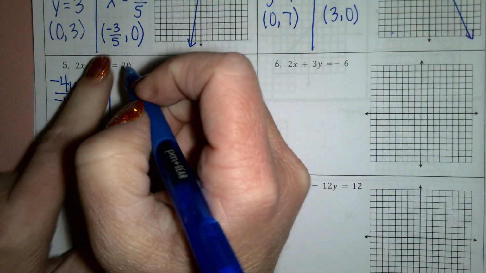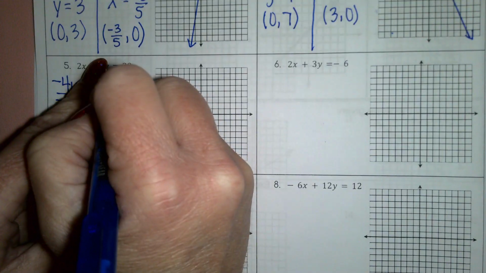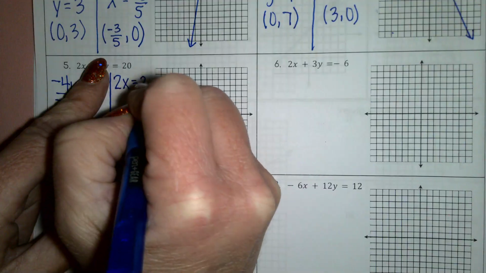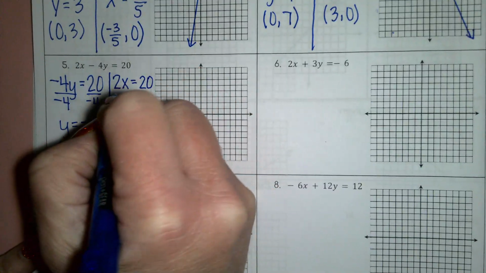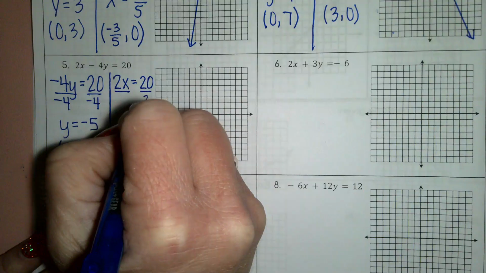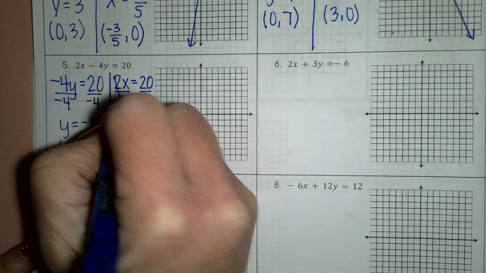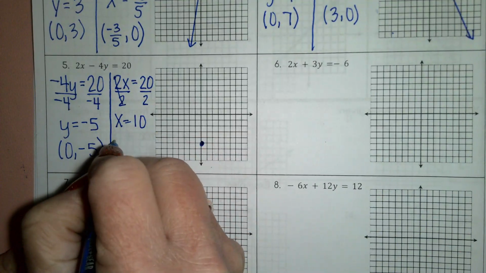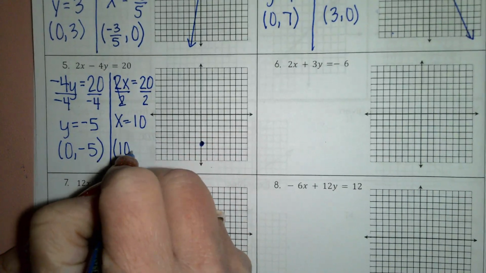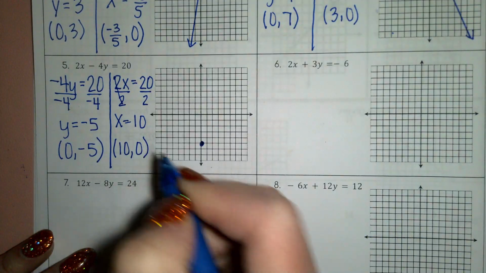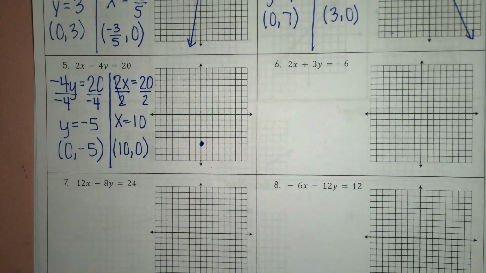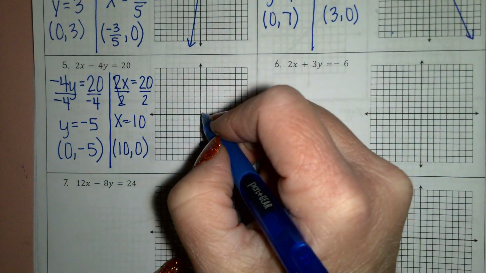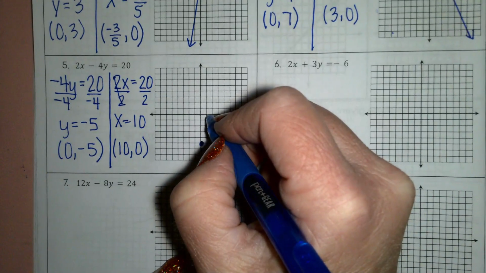Then I cover up the negative 4y. And then what's left is 2x equals 20. You're going to divide both sides by 2. And x equals 10. That ordered pair would be 10, 0. Let's see if we can graph that.